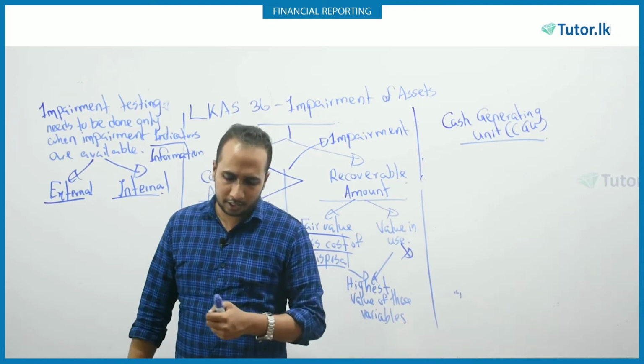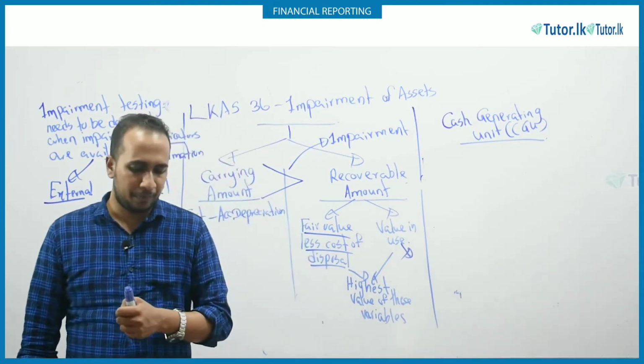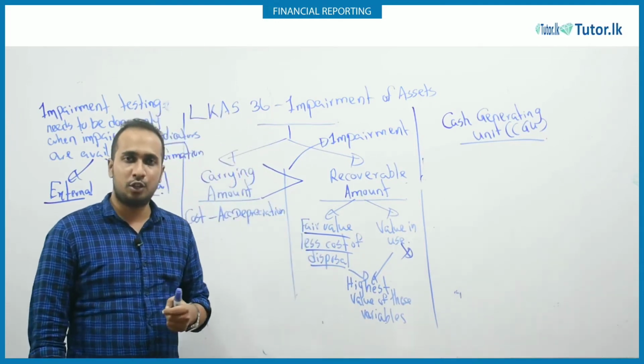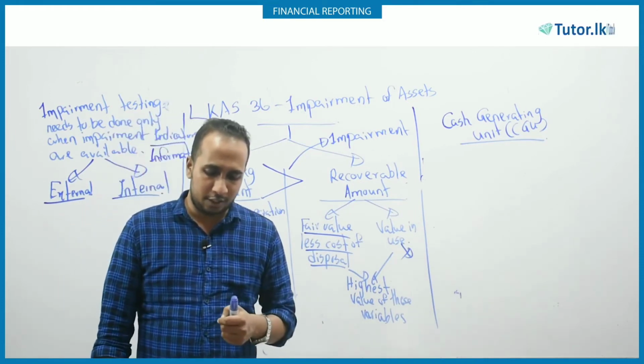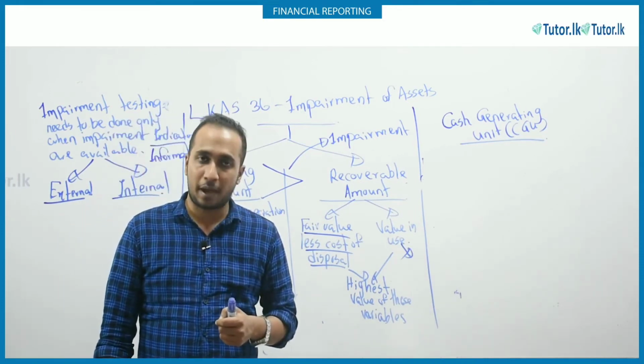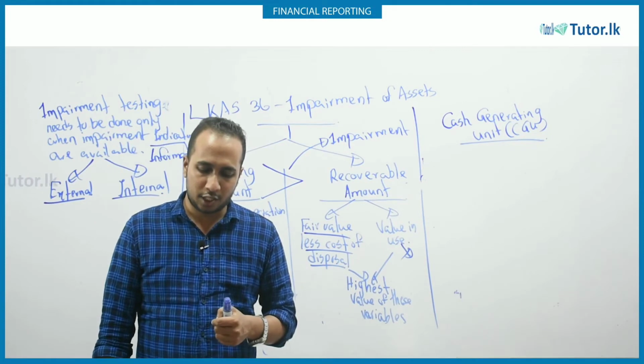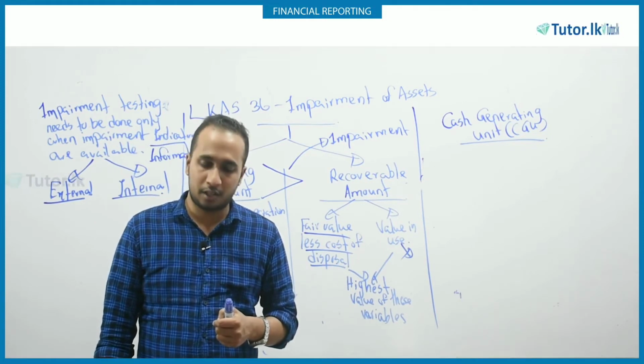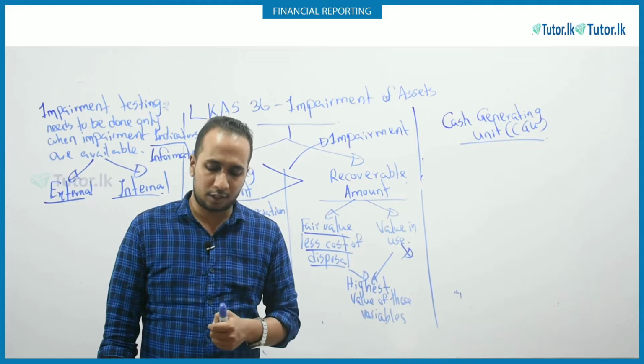In the study text, on page number 85, the standard definition is included: the smallest identifiable group of assets that generate cash inflows that are largely independent of the cash flows from other assets or groups of assets.